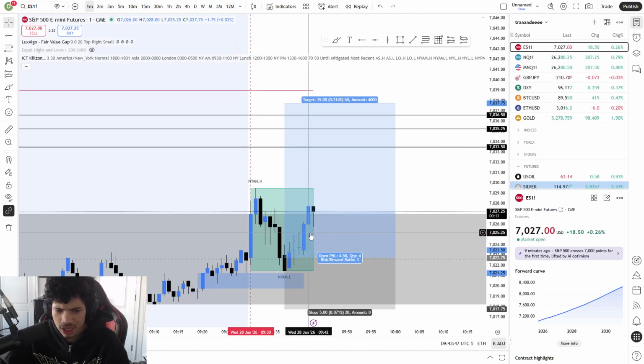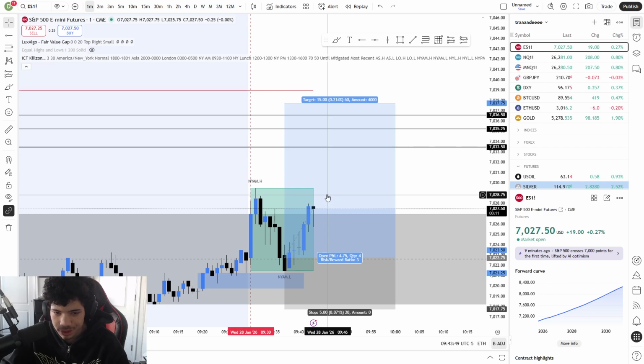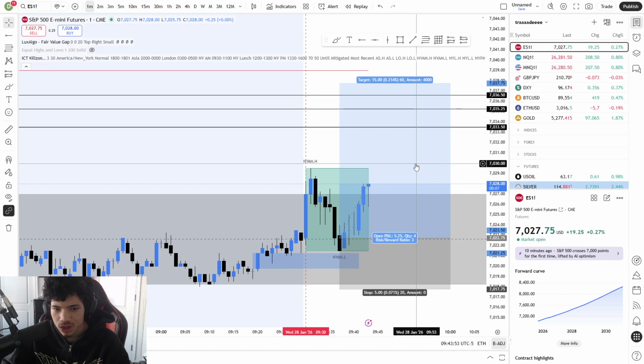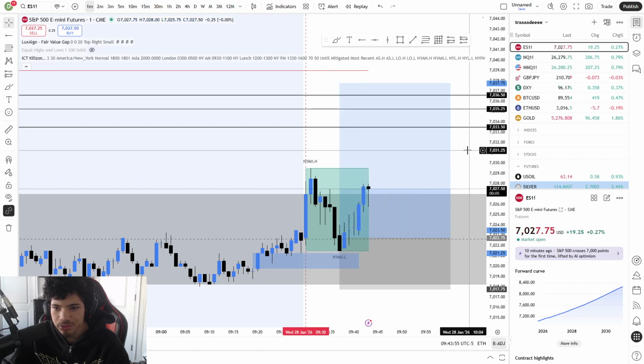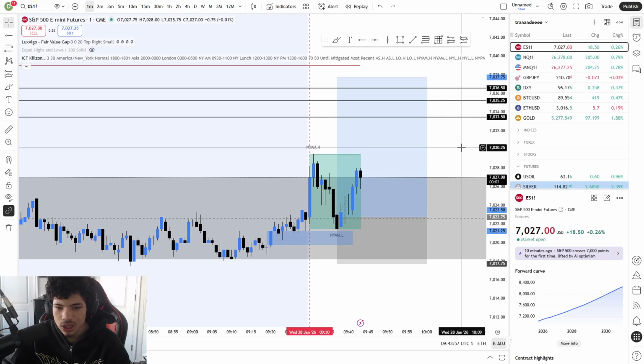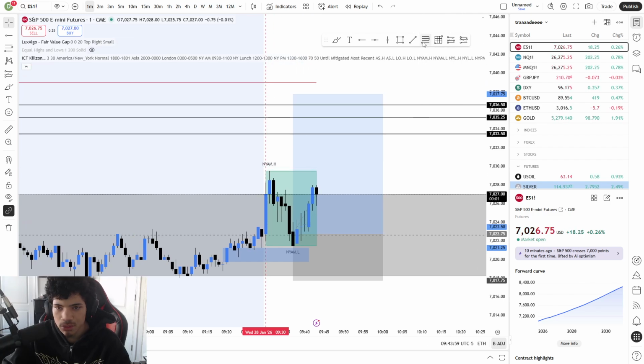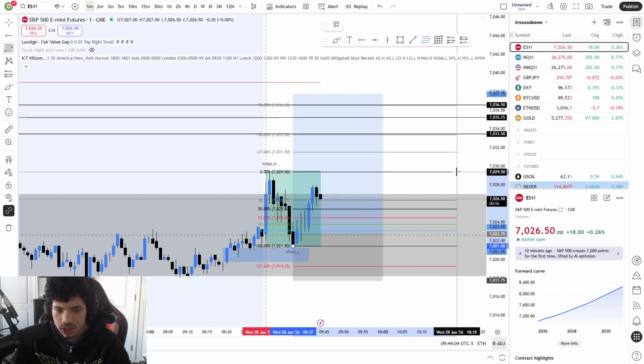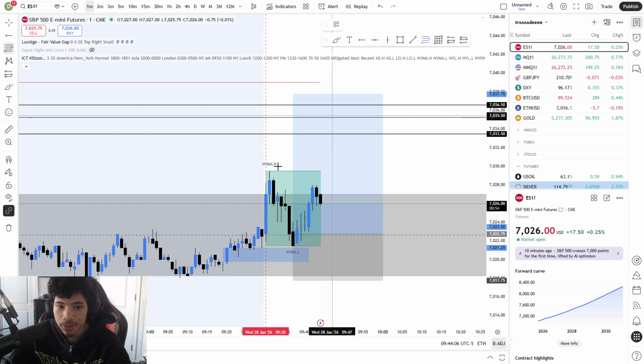So yeah, if we can just form, we're going to have to wait. I'd say if we close above this high, plus maybe get a bullish imbalance, that'd be great.